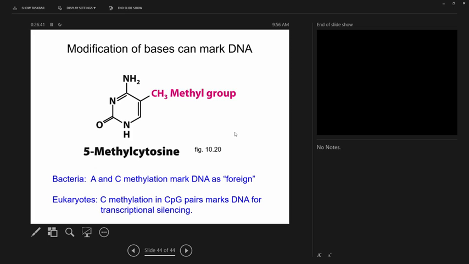Because these strands have to separate for DNA replication, as we'll get to in chapter 12, it is helpful to have both strands methylated, and by having a CG dinucleotide, both strands have to be methylated there.